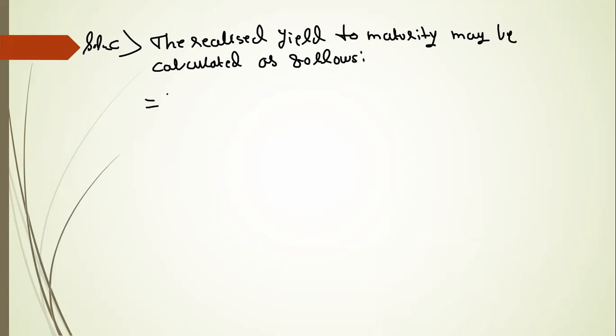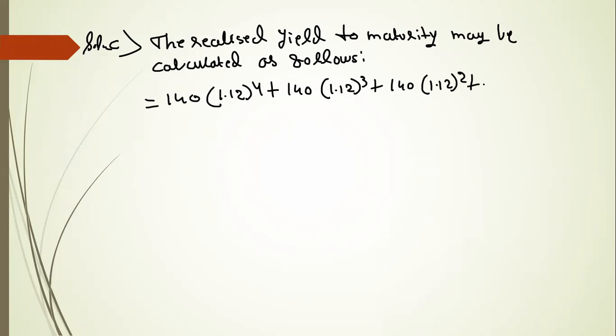So we know the coupon rate is 140, and the 12% is what is replaced. So it is 1.12 to the power 4. We have to calculate it for 5 years. So again 140 into 1.12 cubed plus 140 into 1.12 squared, and 140 into 1.12 to the power 1, plus just 140 and plus 1000, the par value of the bond.